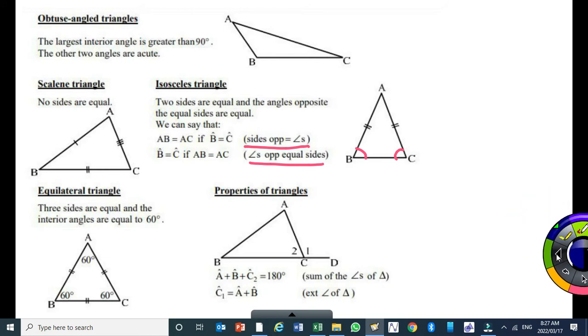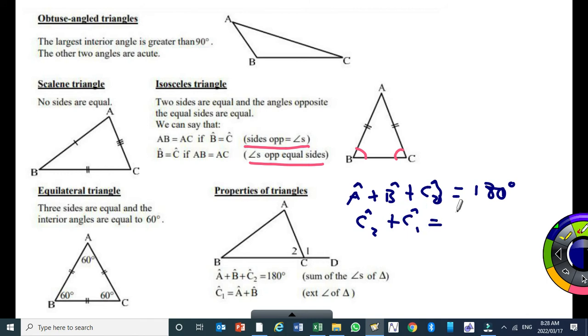If you add A plus B plus C2, you get 180 degrees. The reason is that they are sum of angles of a triangle. Then, if you add C2 plus C1, you get 180 degrees as well. Do you see that?